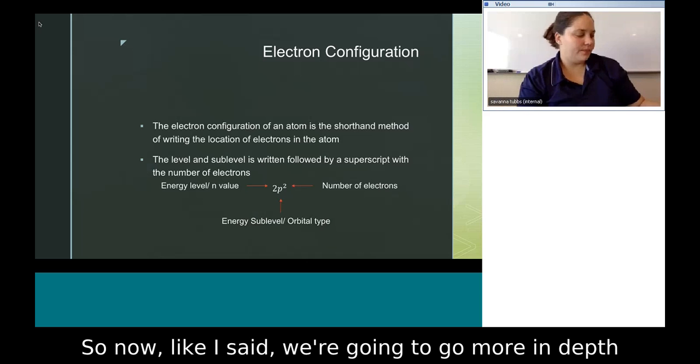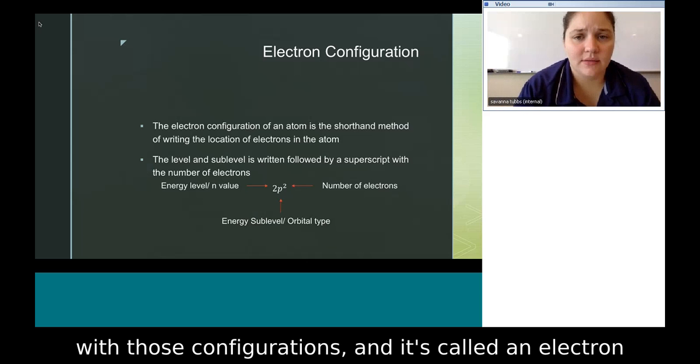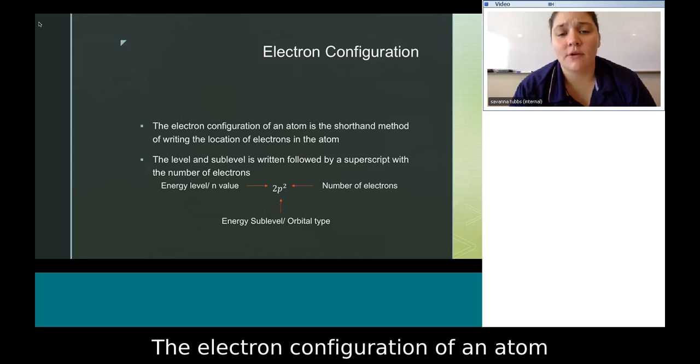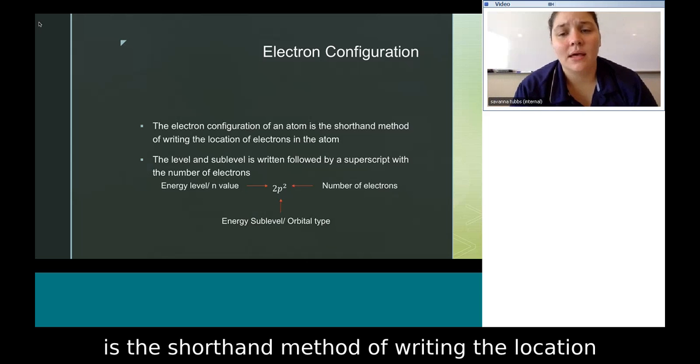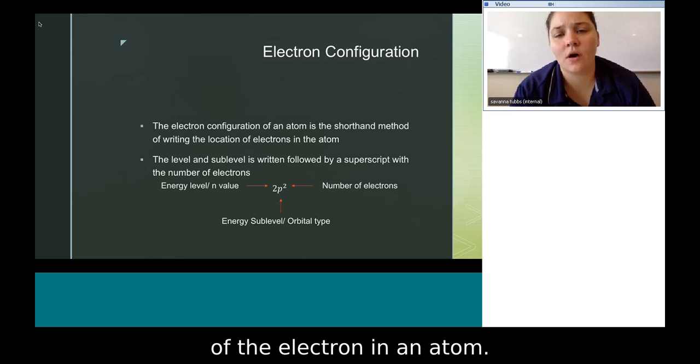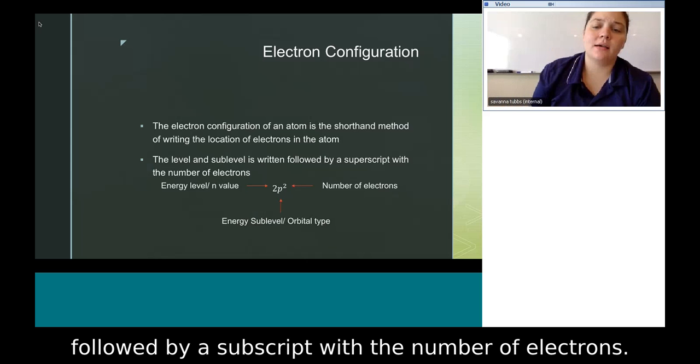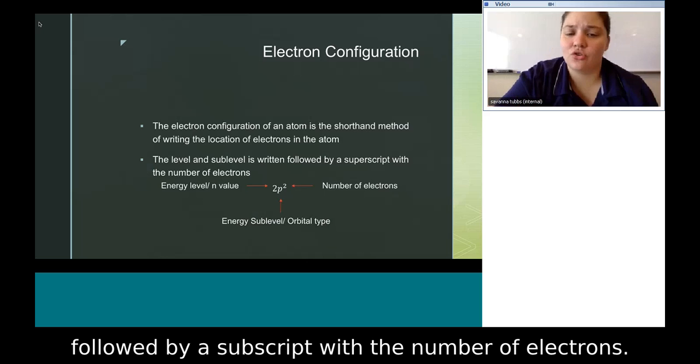Now, like I said, we're going to go more in depth with those configurations, and it's called an electron configuration. The electron configuration of an atom is the shorthand method of writing the location of the electrons in an atom. The level and the sublevel is written followed by a subscript with the number of electrons.